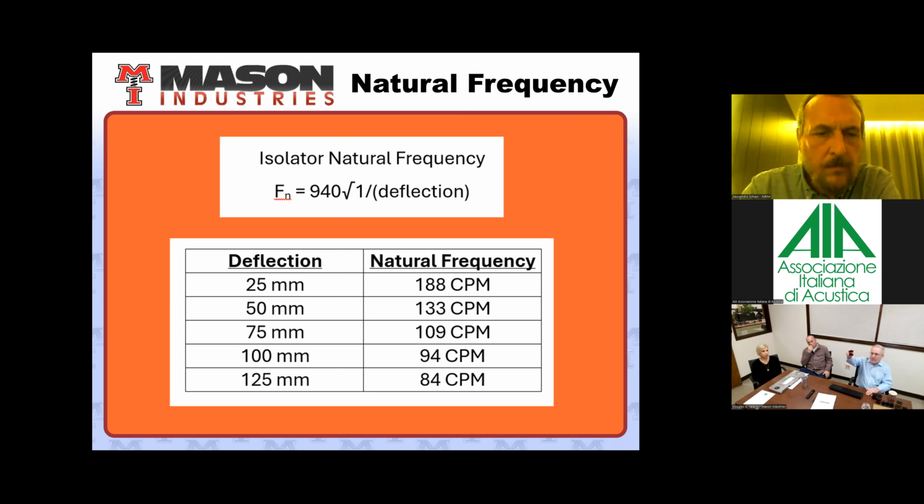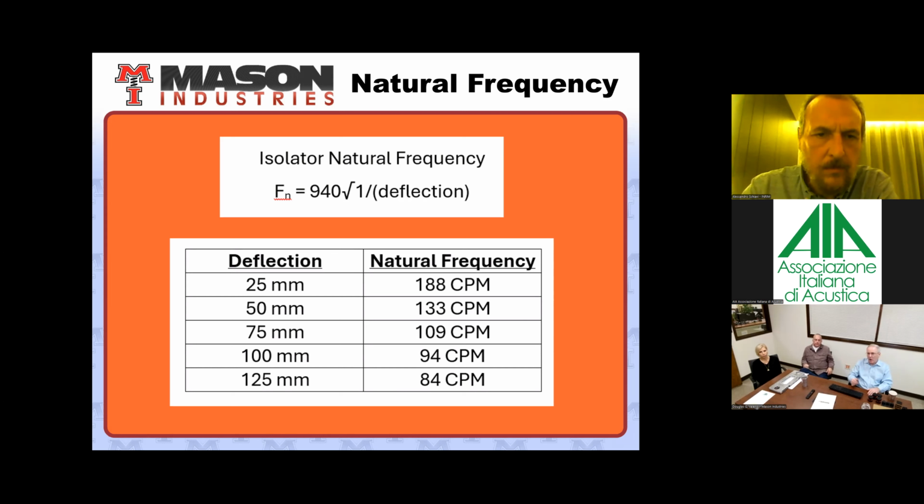So if I put a piece of equipment or any force or any load on a spring and I deflect it 25 millimeters and I give that system a push, it's going to want to bounce up and down 188 times in a minute. If I deflect the isolator down to 50 millimeters, that natural frequency drops to 133 cycles per minute and so on.